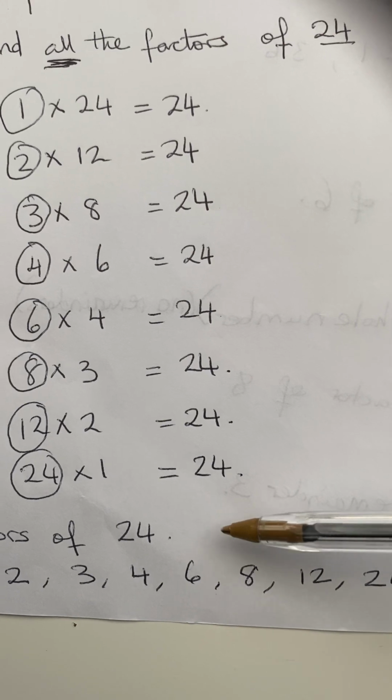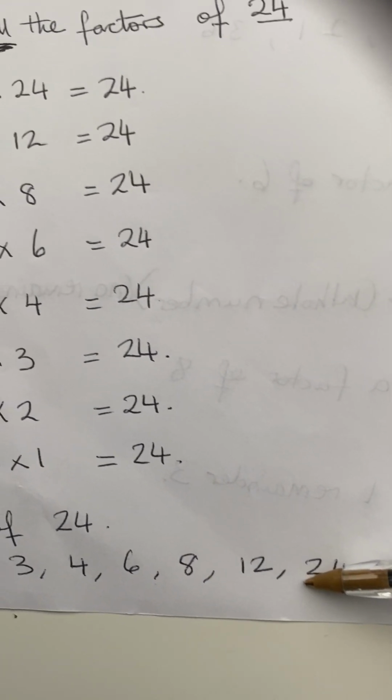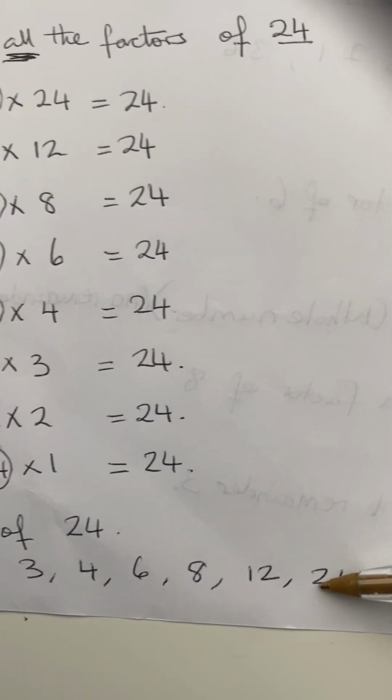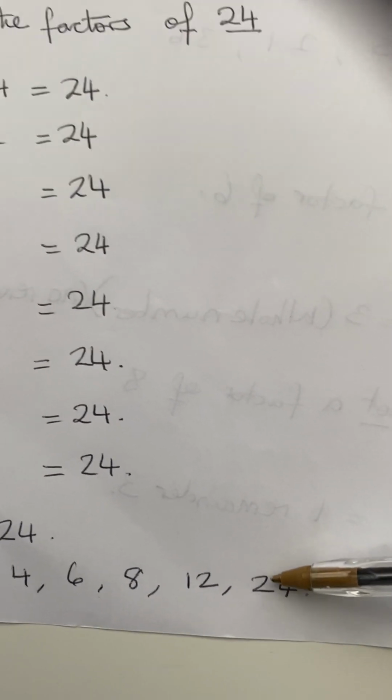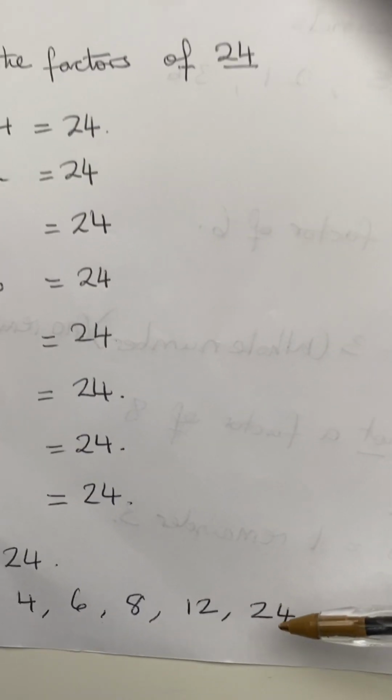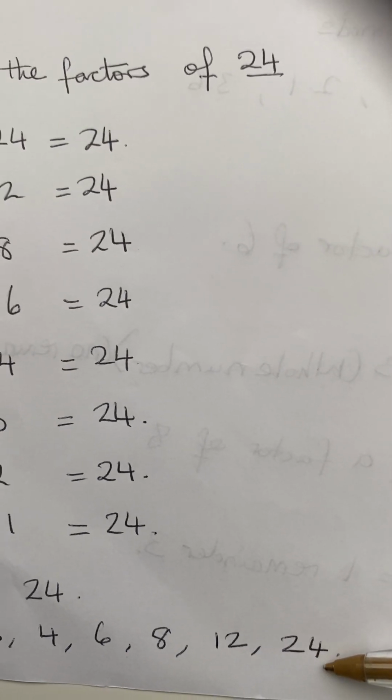Assuming they didn't say all, and they said list all the factors of 24 less than 20, then you are going to leave this 24 out, because 24 is greater than 20.